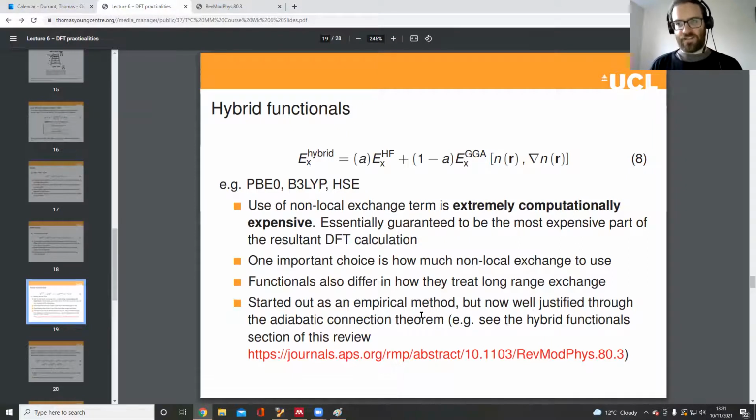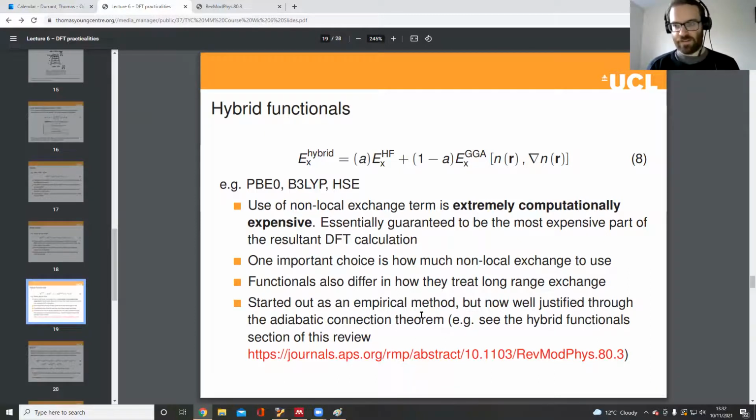But the idea is basically that you can start off thinking about the Kohn-Sham system as a non-interacting system, and the reality is a system where the electrons interact with their usual strength. And you can make a mathematical argument about how, as you increase the strength of interaction, you can go from one of these systems to the other, the so-called adiabatic connection. So I think these days hybrid functionals can be justified quite well. It's not just an empirical mixing of two different theories as it started out.